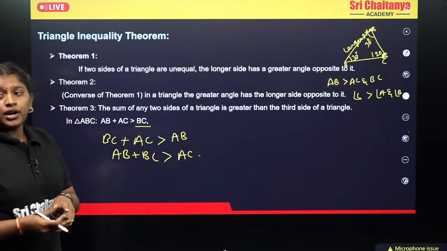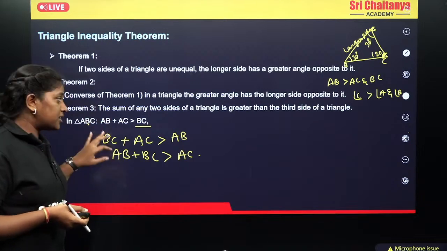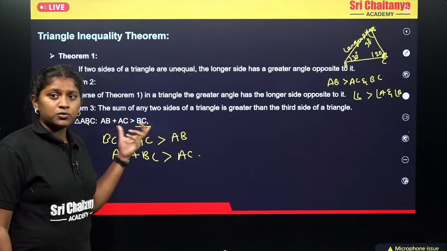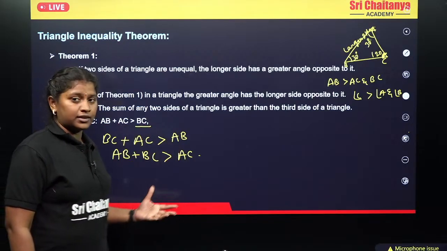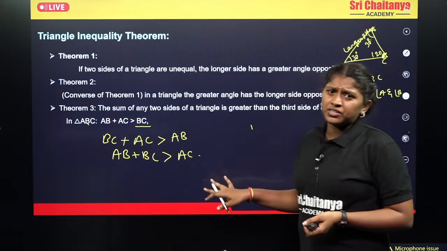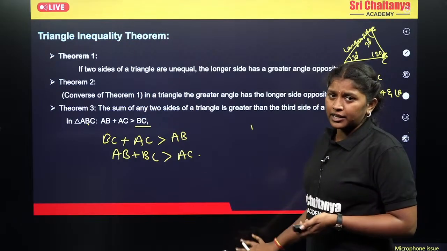So you need to check three conditions in theorem 3, where the sum of two sides should be greater than the third side. This is the basic concept of triangle inequalities.